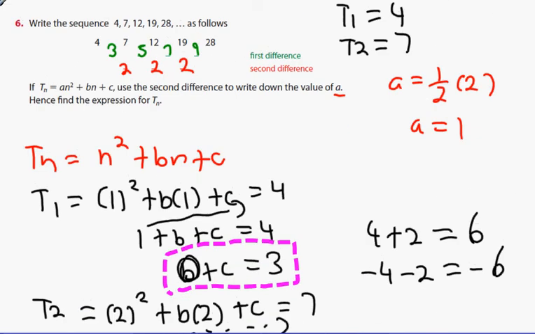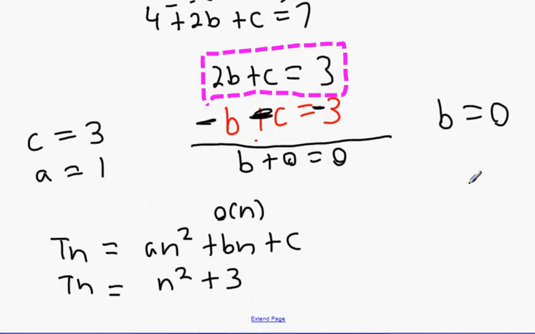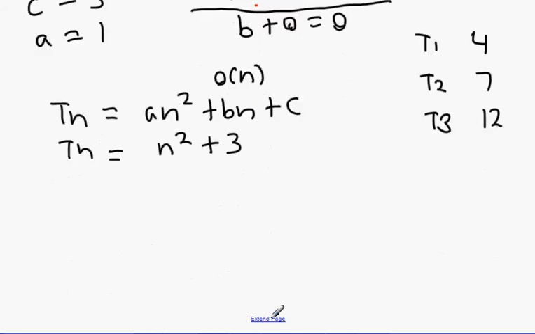Okay. Can anybody tell me how you check that? 4, 7, 12. How would you check the answer? You can check it yourself in a test if you want. T1 is meant to be 4, isn't it? Replace all n's with 1, and what do you get? 1 squared plus 3 is 4.